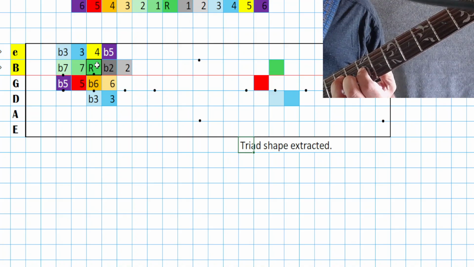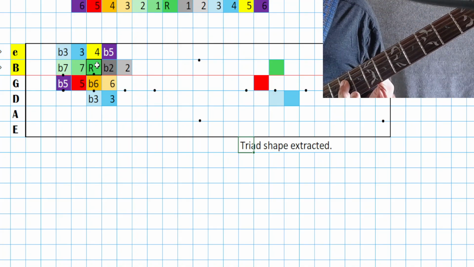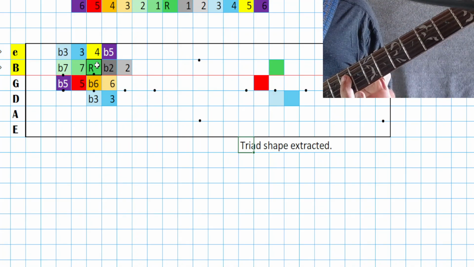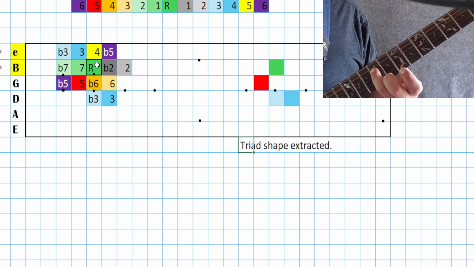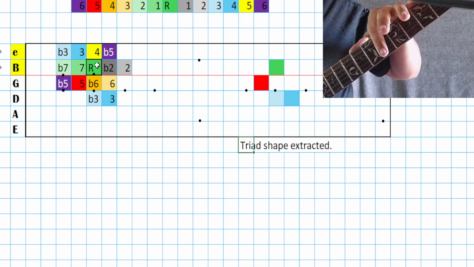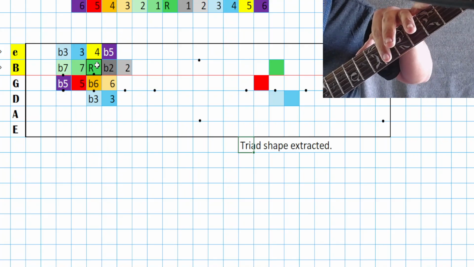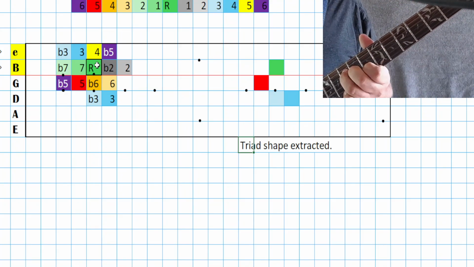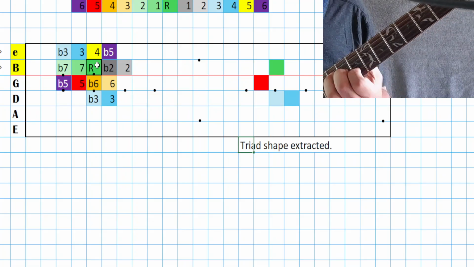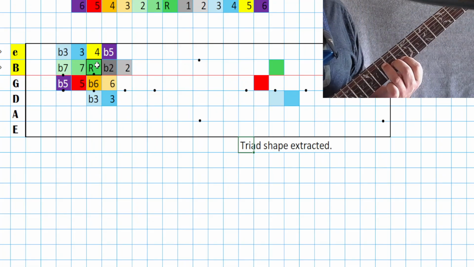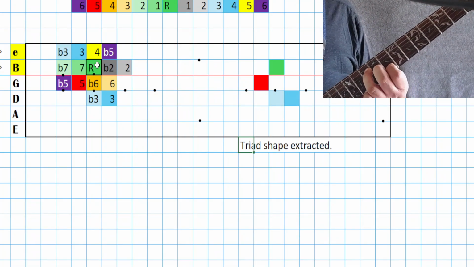Now the root of my next chord needs to be on this 3. I'm going a third away. There's the third. So I'm going to use, and I didn't leave my 4-3-2 string group here, the D, G, or B strings, right? So I'm going to use those shapes, and my root over here where the blue 3 is, I know that shape is going to be this triad shape, your standard issue triad shape.